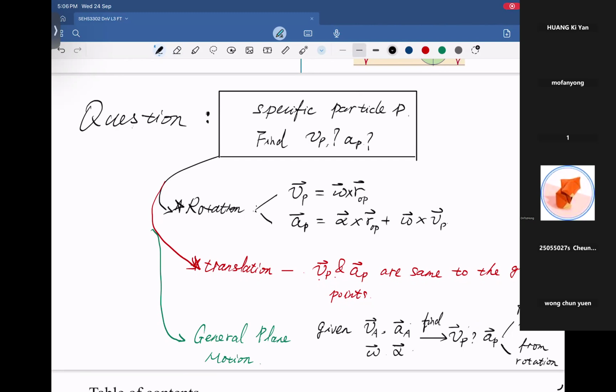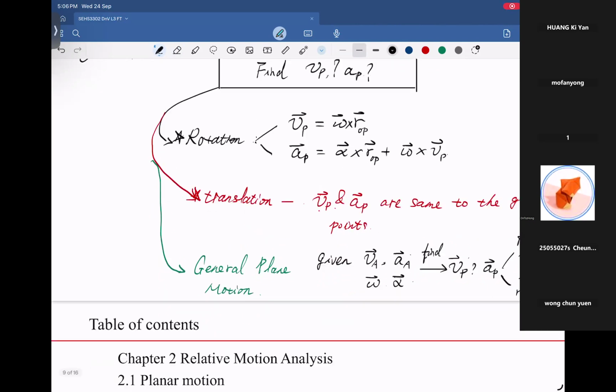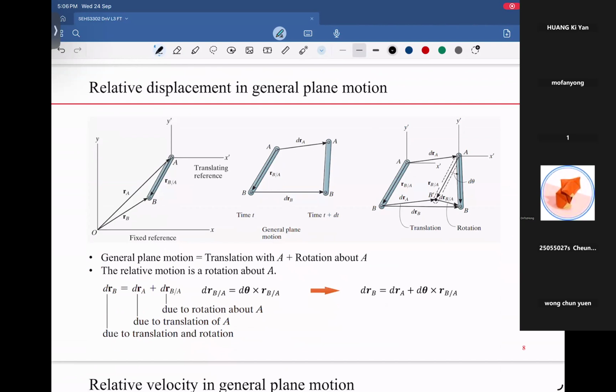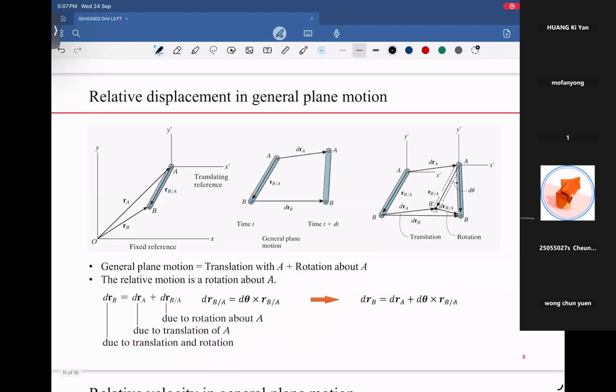Now we can do the analysis. We can analyze the velocity first. Let's see what we are going to do. We want to find vB, given vA.